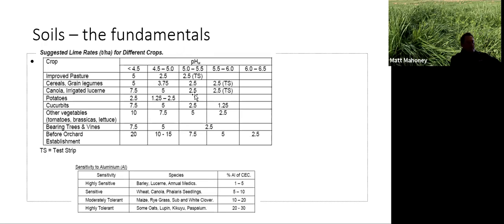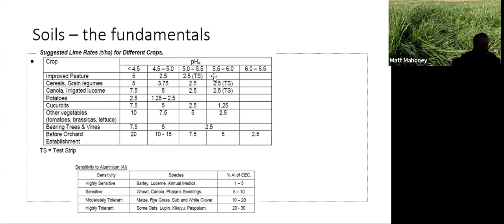And remember the different methods we've got, water or calcium chloride, but this table shows it's in W, so that indicates pH done in water. Generally, this is the sort of range that we might find most of our soils in. This is probably the desired range we'd like them to be in. And then they're starting to get almost to alkaline.